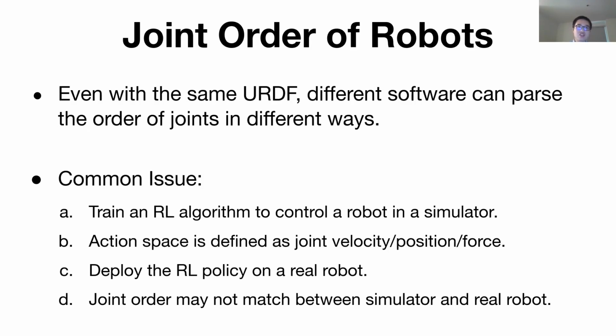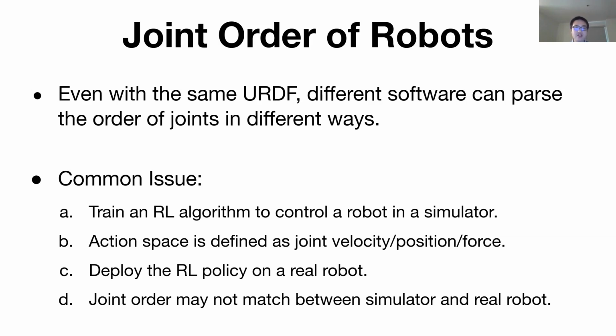Finally, the joint order of robots. So sometimes, even with the same URDF, different software can parse the joint orders in different ways. And here is a common scenario. First, you will train an RL algorithm to control a robot in a simulator. And the action space for this agent is defined as the joint velocity or position or joint force.